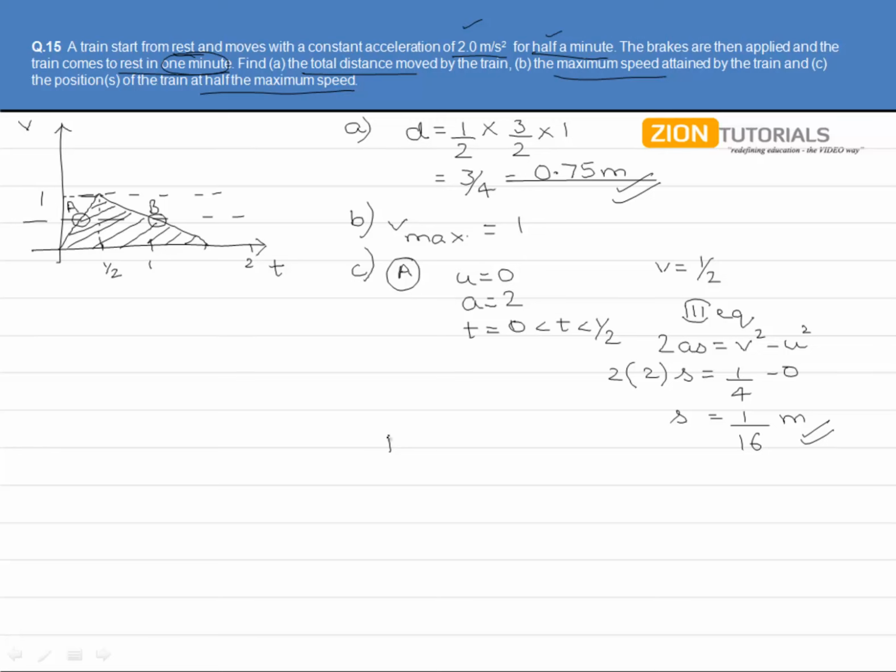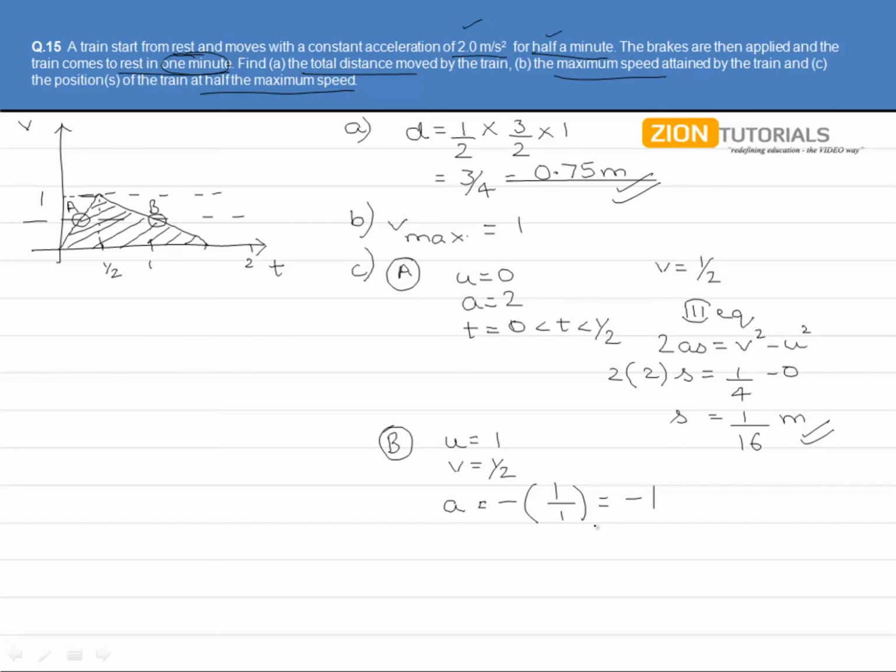Let us find the other point B, for which we can write u equals 1 meter per second, v equals half, acceleration equals minus 1 over 1, that is minus 1.